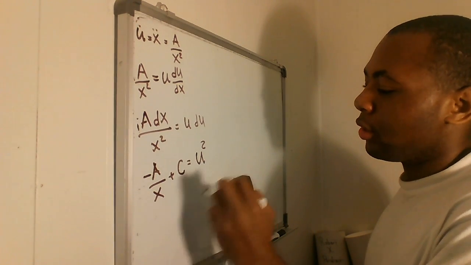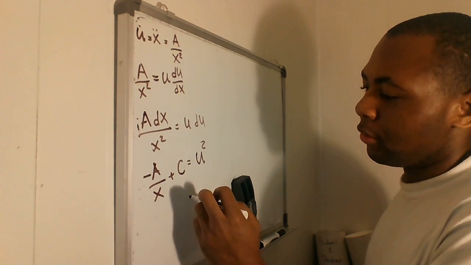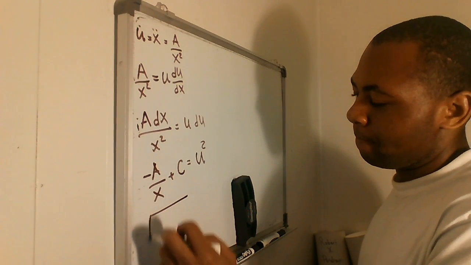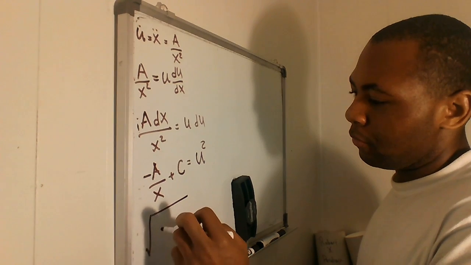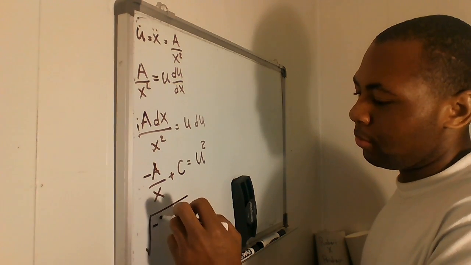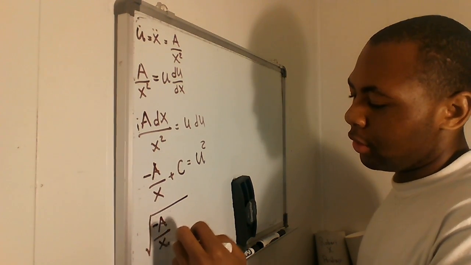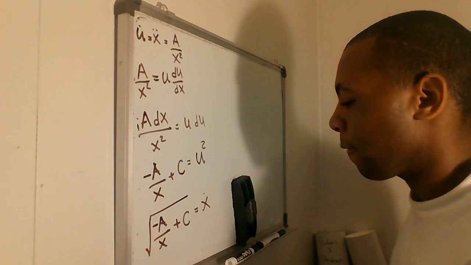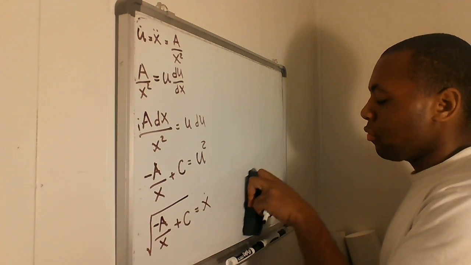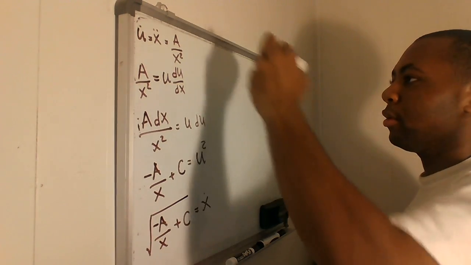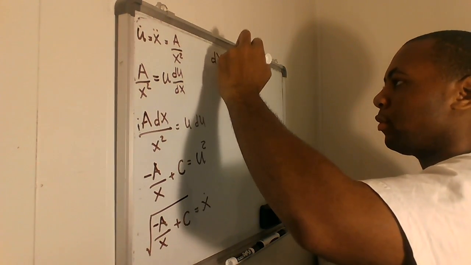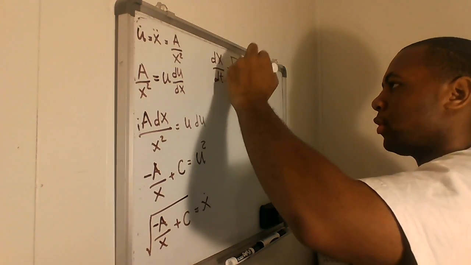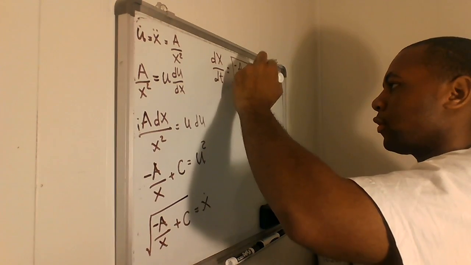U squared, square root, is minus a over x plus c equals the velocity. And so we need a position. We need to do a separate integral. dx/dt is the square root of minus a over x plus c.